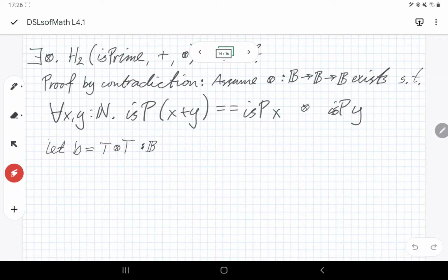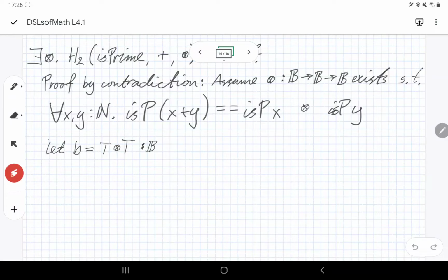So if we assume that there is a function, a bool to bool to bool, which satisfies this property, then we can try to create values for which this is clearly not the case, and then from that we can conclude that it cannot be true.